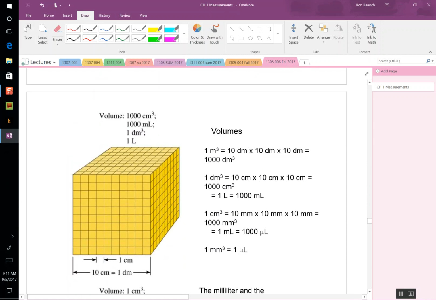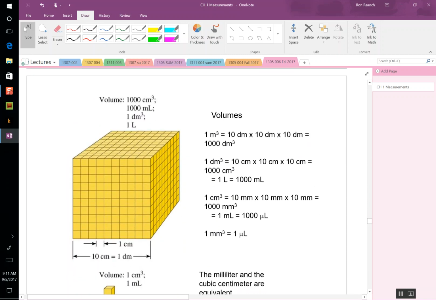Here's volume in the metric system. The definition of a liter. What is a liter? A liter is a volume of space of 10 centimeters by 10 centimeters by 10 centimeters. That's the definition of a liter.